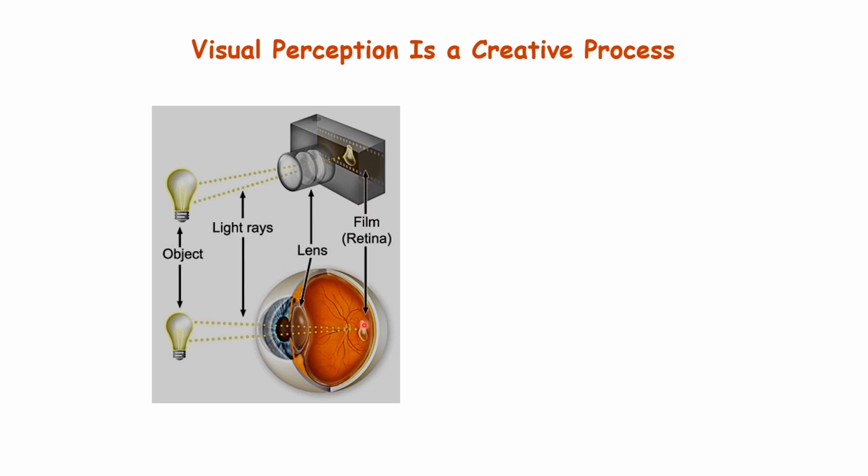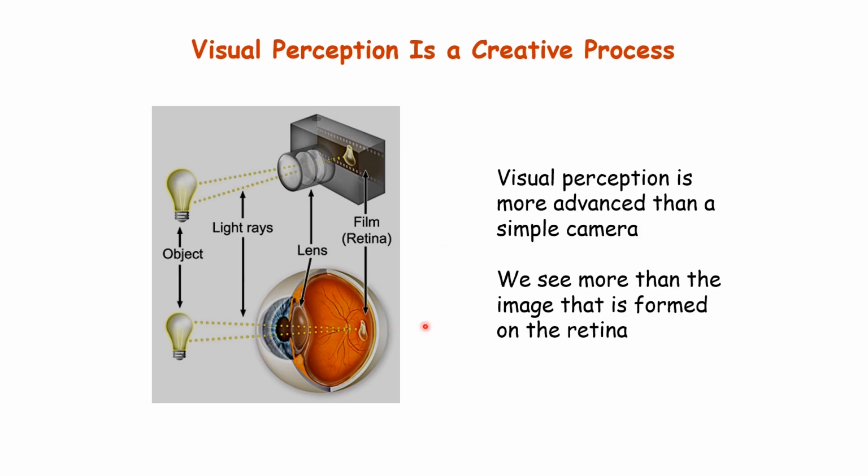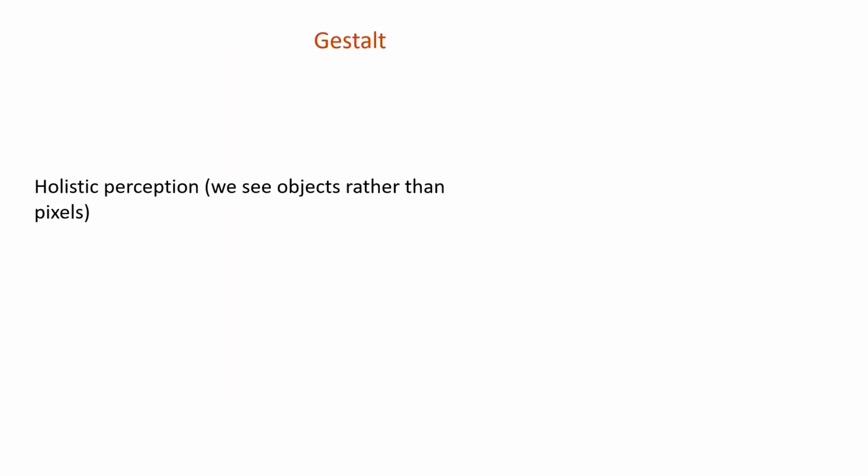But after the screen, the similarity begins to break down. So the camera just transfers this pixel by pixel information to the computer, and that's what the final image is. But in the case of eyes, there is a lot of processing that happens. And what we finally see is not simply the pixel-wise information that is projected on the retina. One important feature of our perception is that it is holistic in nature.